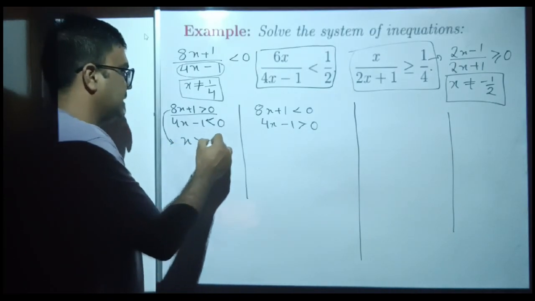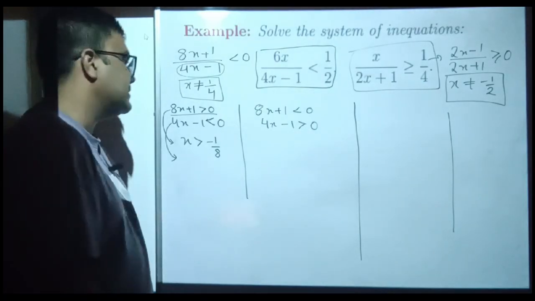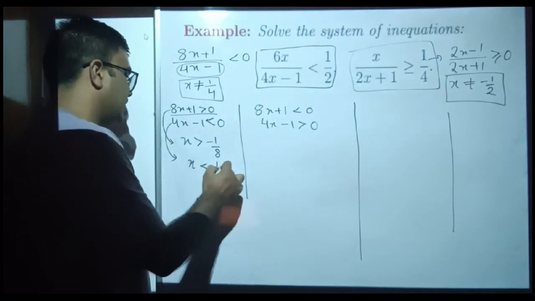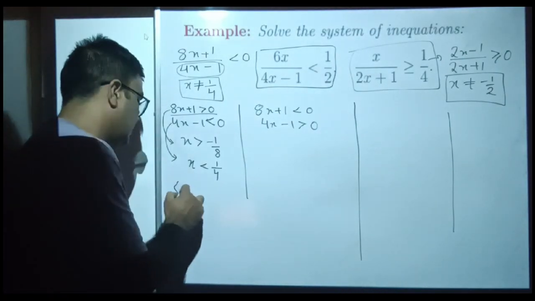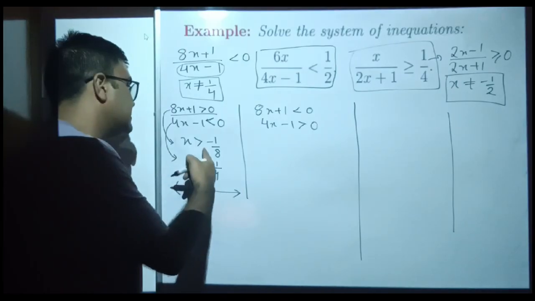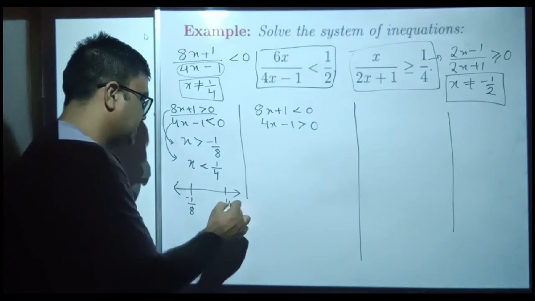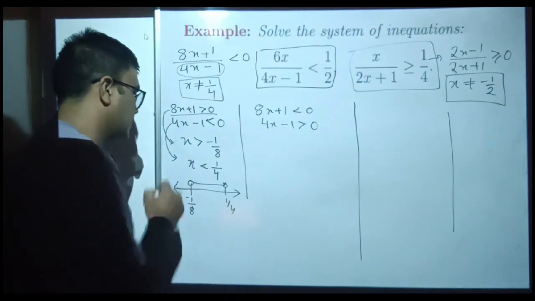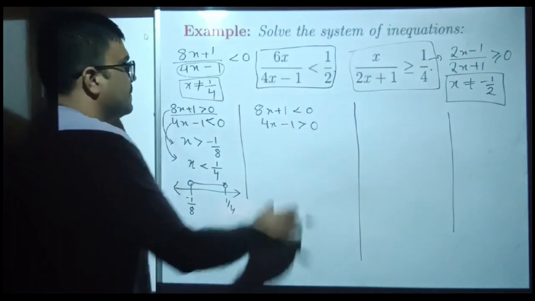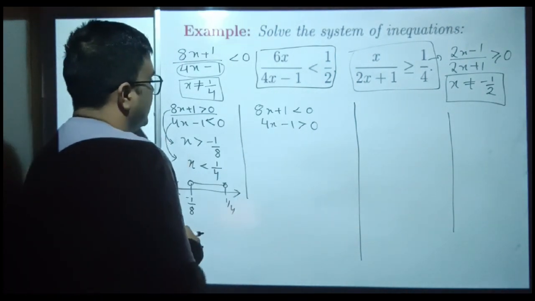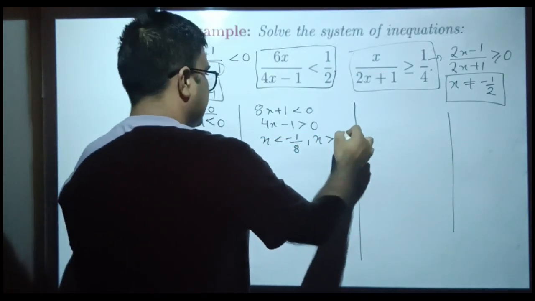This gives us x is greater than minus 1 by 8. This gives us x is less than 1 by 4. On the number line, x is greater than minus 1 by 8 and x is less than 1 by 4. We are talking about this region. In this case, we are saying x is less than minus 1 by 8 and x is greater than 1 by 4.